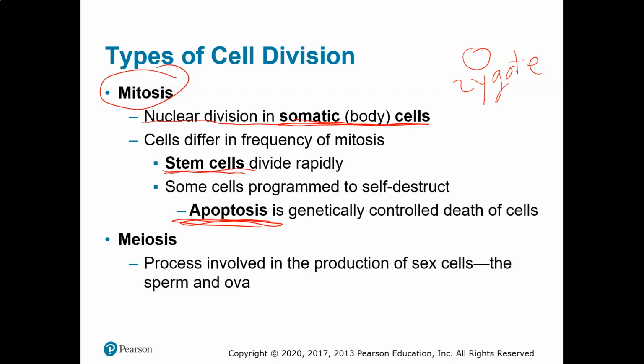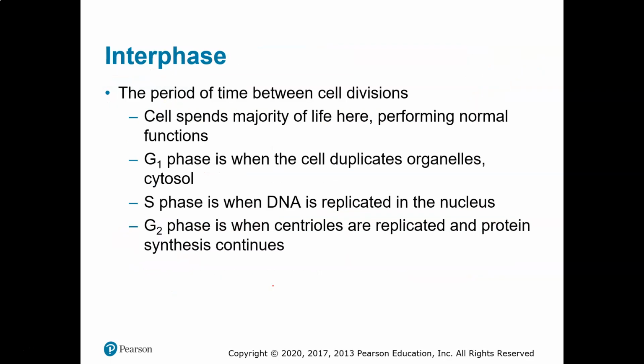The cells that form the skin of that webbing are genetically programmed at a certain point to commit suicide. They are programmed to commit apoptosis, or cell suicide. Now, meiosis is cell division of sex cells, the cells that result in sperm and egg or ova.